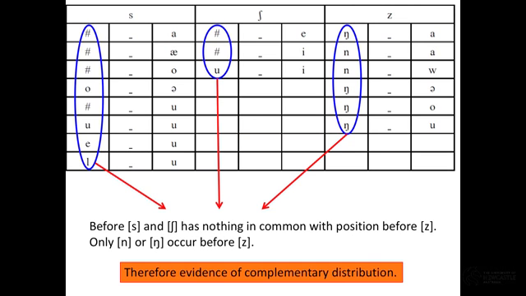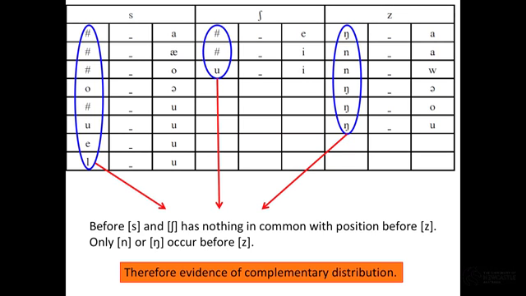We now want to compare the after columns to see if there is evidence that s and sh are in complementary distribution. Note that we do not need to compare the after column for z, as we have already established that z is in complementary distribution with both s and sh.